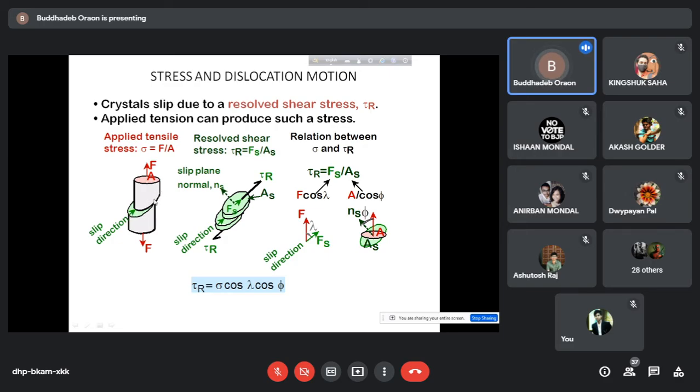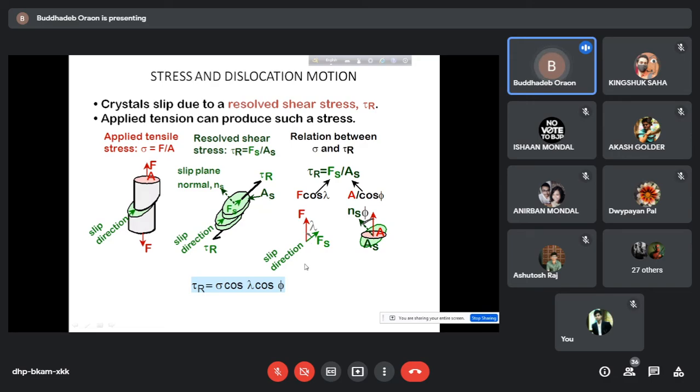So in this diagram, let us assume that the slip is taking place in this direction. Along the slip, we will have the resolved shear stress, and there will be a normal direction. So let us see the area along which the slip is taking place, that is A_S.